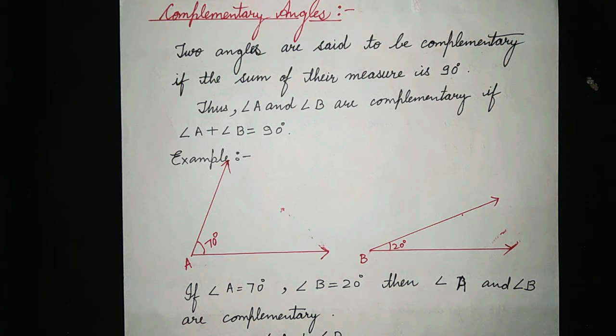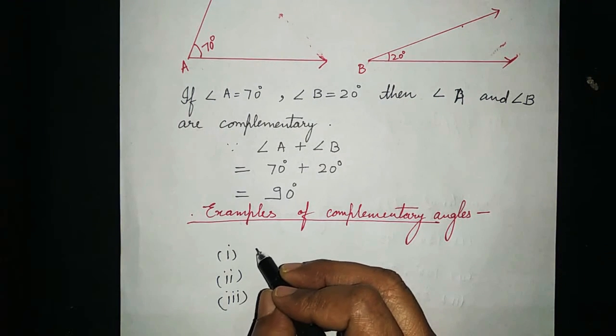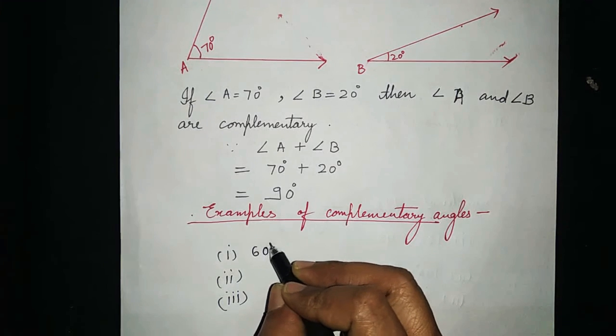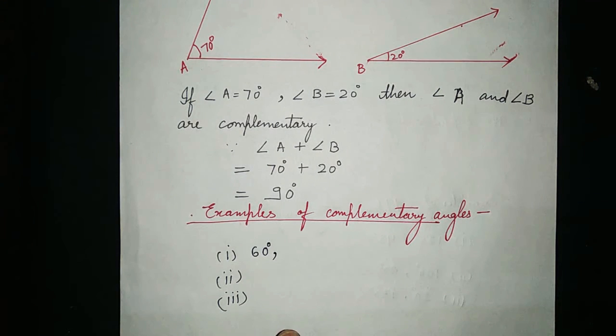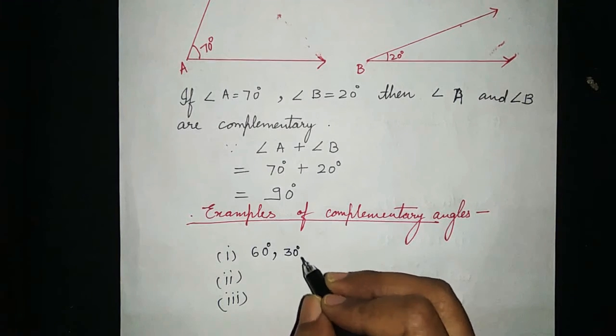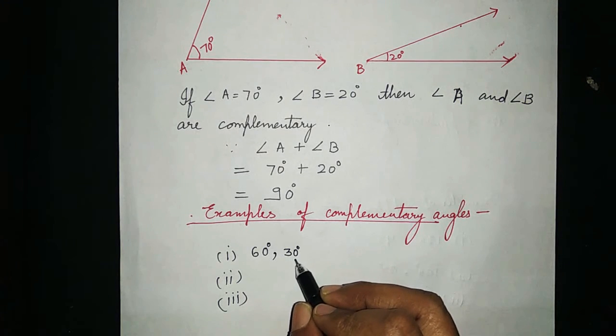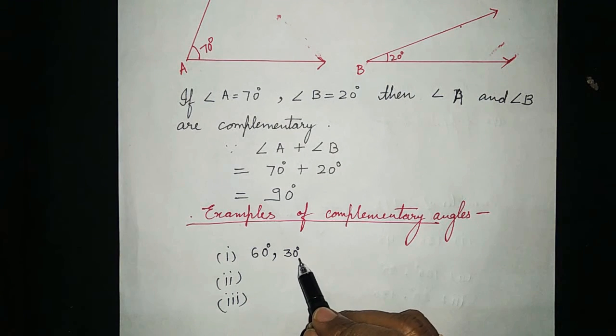Now I will give you some examples of complementary angles. Now see, if one angle is 60 degrees, then the measure of the other angle will be 30 degrees, because this 30 degrees is the complement of this 60 degrees and this 60 degrees is the complementary angle of this 30 degrees.